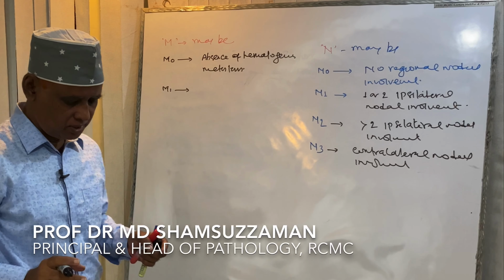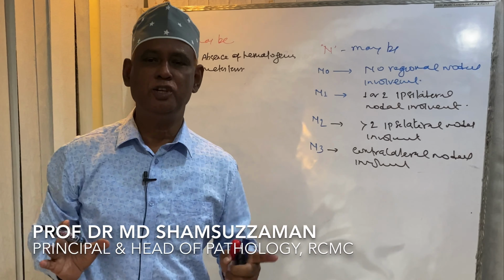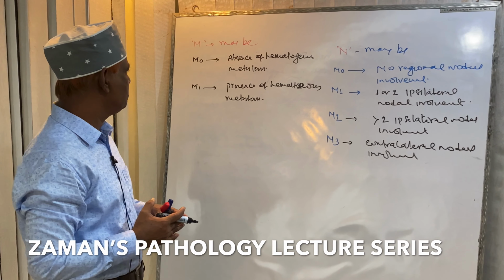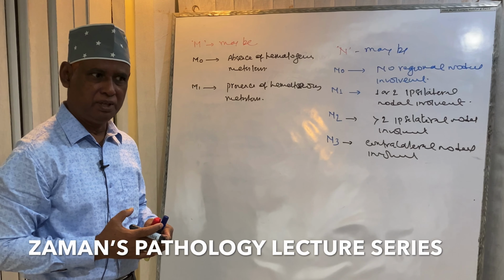M1 means carcinoma is there with presence of hematogenous metastases. This is all about the TNM staging. T stands for size of primary tumor, N stands for spread of tumor in the regional lymph node, M stands for presence or absence of hematogenous metastases.